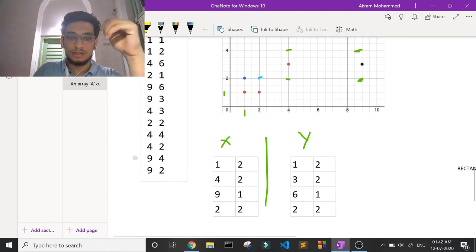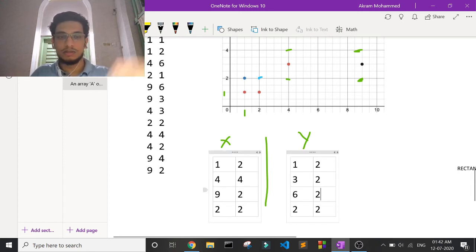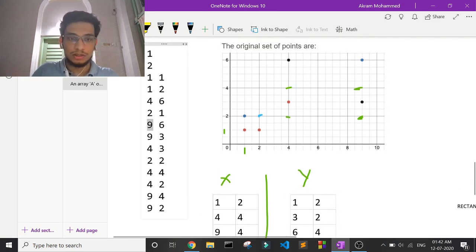Now let's update the counts. We already have 2 4s, and then we have 2 more 4s, so now this is 4, and we have 2 more 9s. This was updated from the previous one. Now we have 2 more 9s, so we have 4 9s over here, 1 2 3 4 9s.